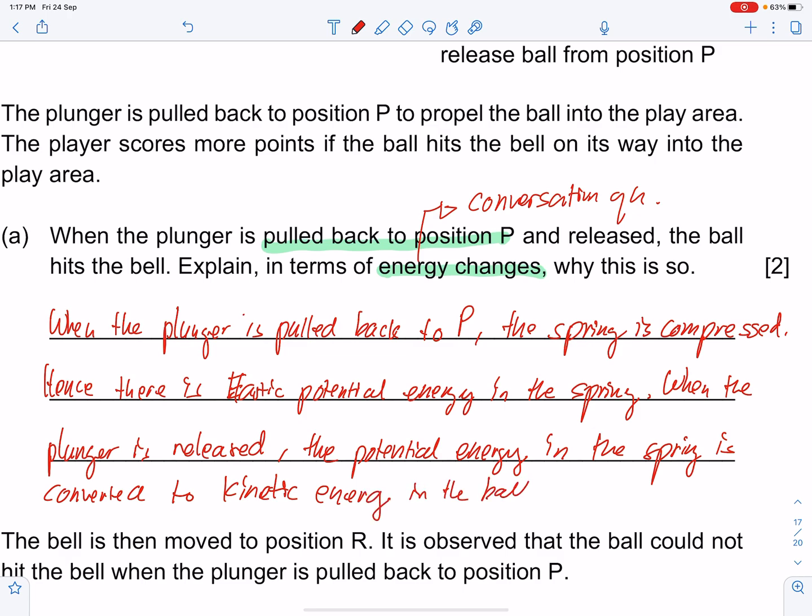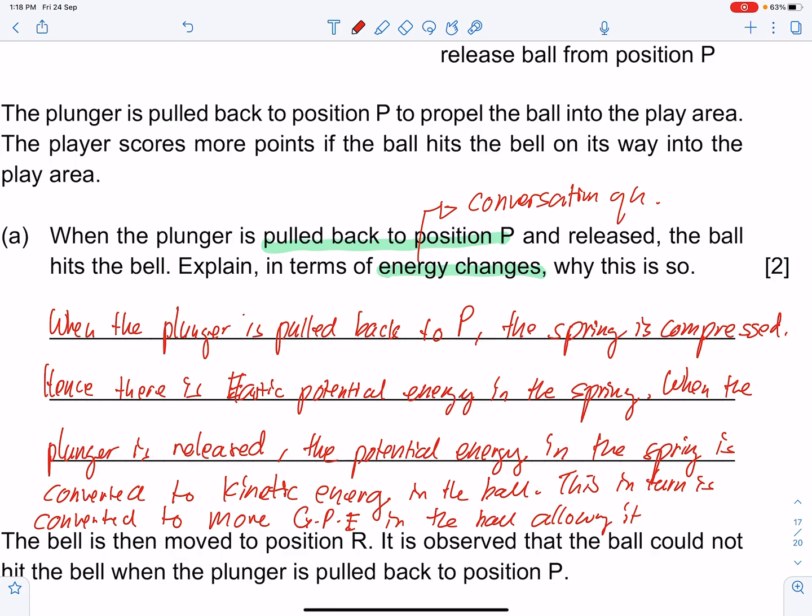Remember, you must always tell me kinetic energy of what? Potential energy of what? Which is then converted to what? This, in turn, is converted to more GPE in the ball, allowing it to hit the bell.